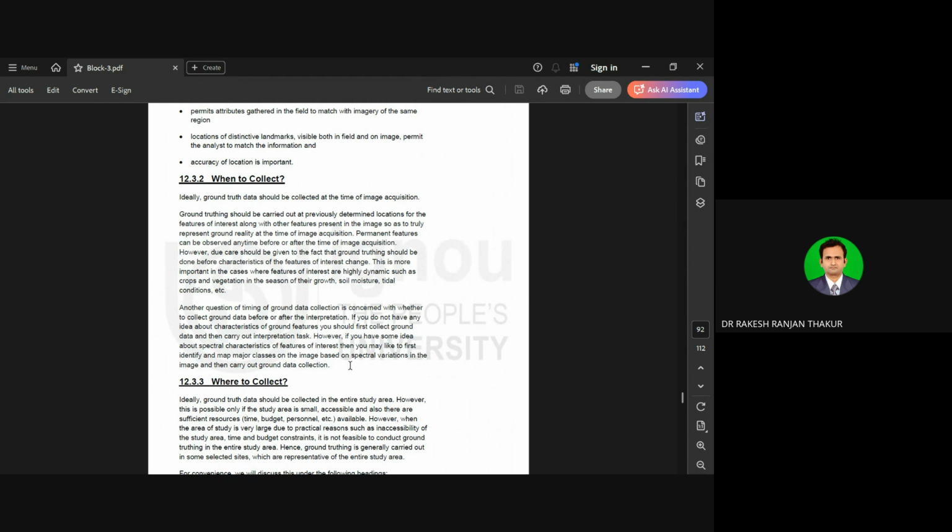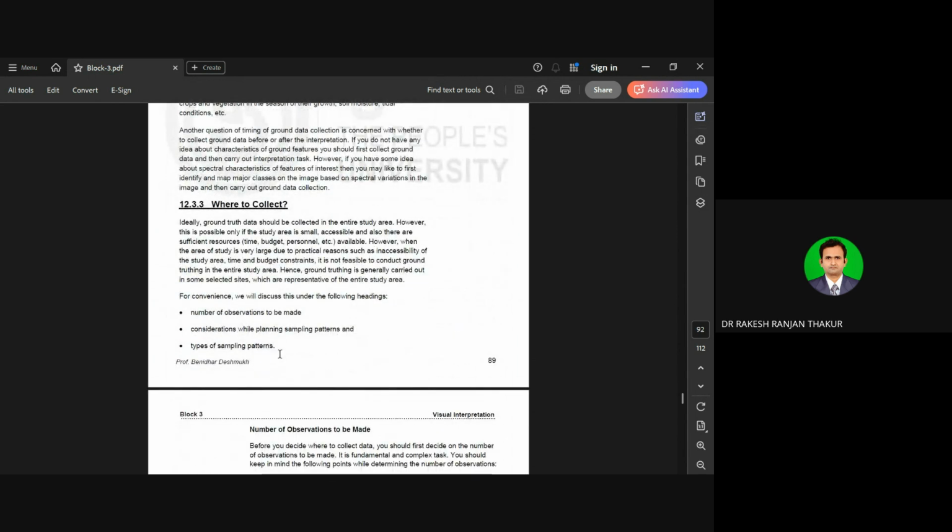Sometimes we need rainy season data; sometimes rain data is not useful, so we may go for pre-monsoon, monsoon, post-monsoon, winter, or summer season, okay?